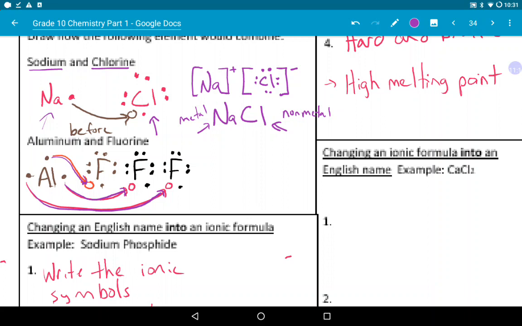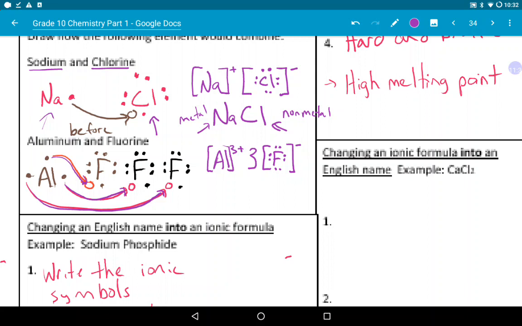Aluminum gives 3, fluorine each take 1. After, you have aluminum with a charge of 3+, and there are 3 fluorine, so we put a multiplier of 3, each with a full valence shell and each with a -1 charge.